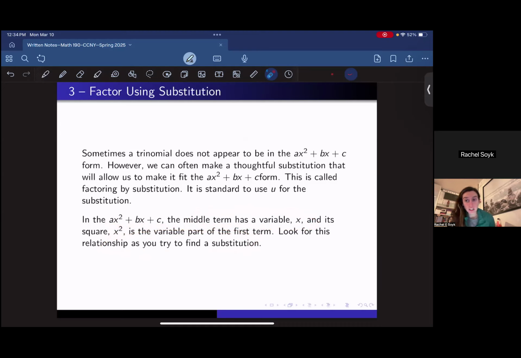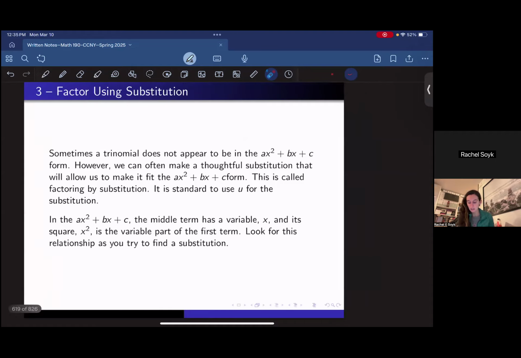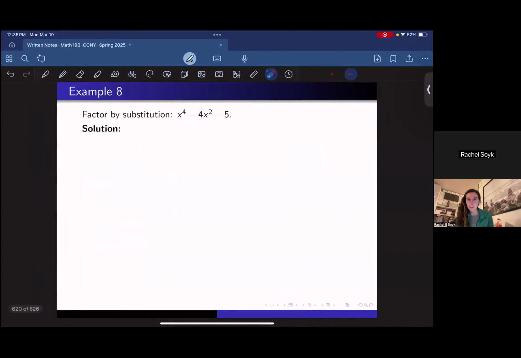A lot of quartic functions, so x to the fourth or w to the fourth or r to the fourth or q to the fourth power, will involve utilizing your method of substitution in order to properly factor. So let's take a look at example 8, which, whew, what do you know, is a quartic function.